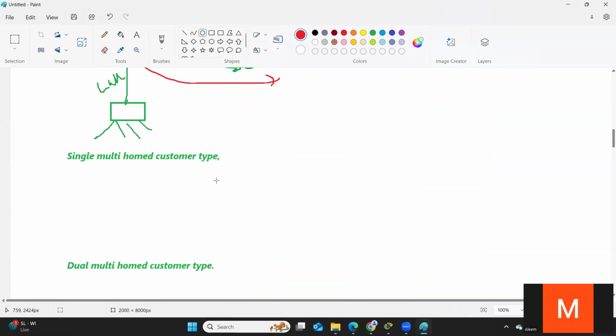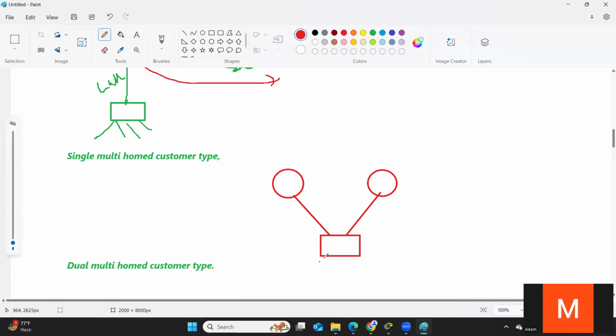Here we have the single multi-homed customer type. We have two routers and LAN connectivity, and this is a LAN network connected to multiple hosts.